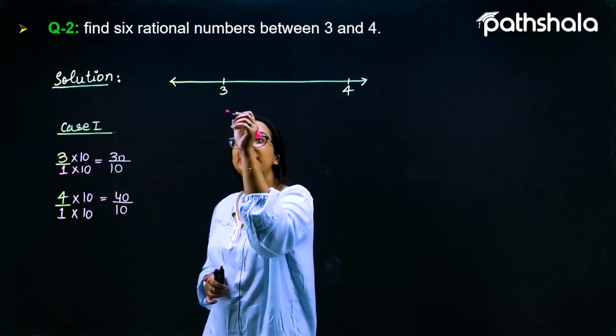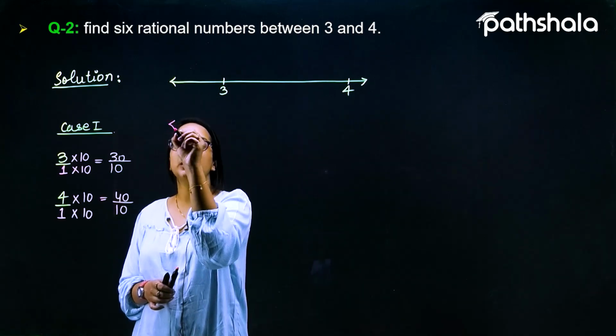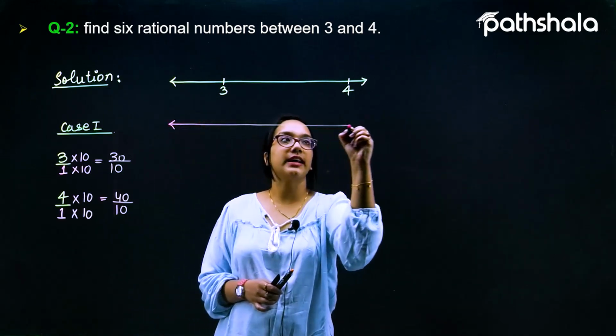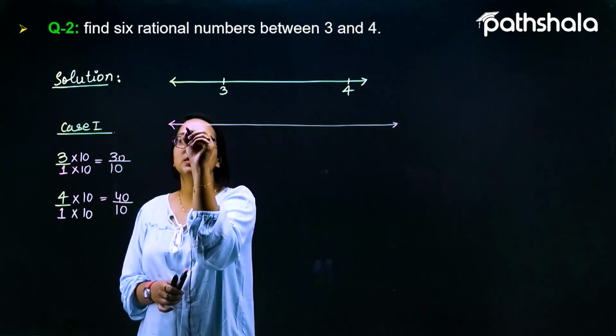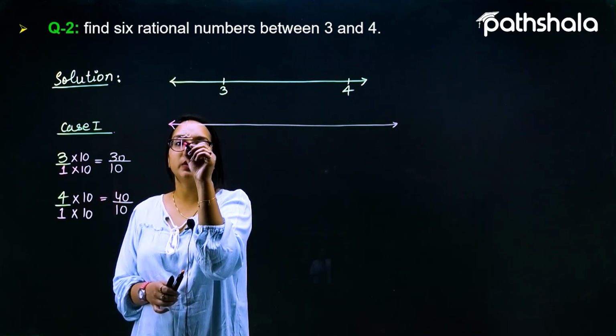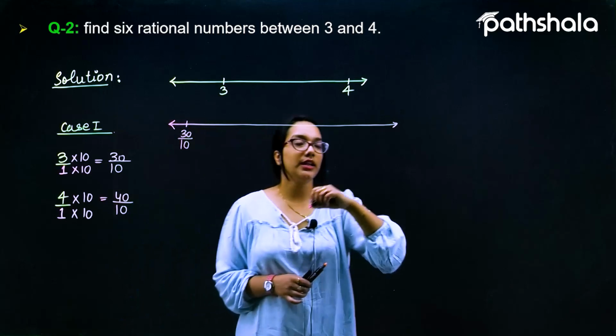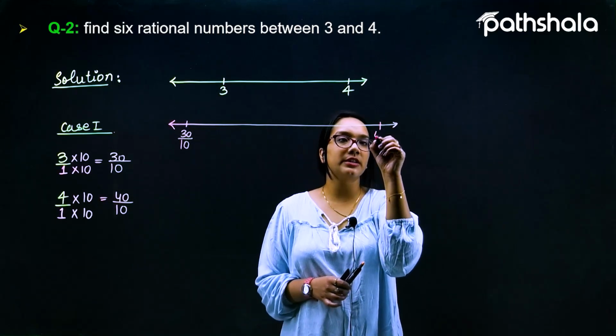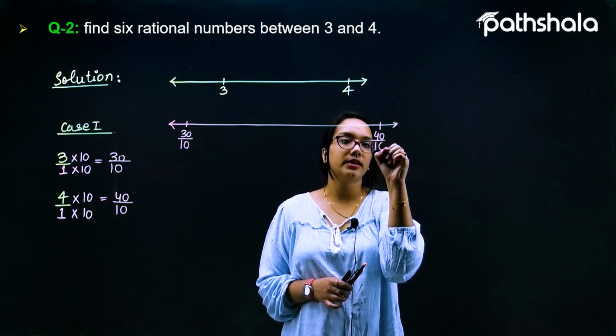So we can represent 3 as 30 by 10, and 4 can be represented as 40 by 10.